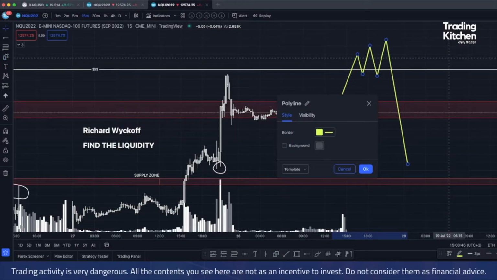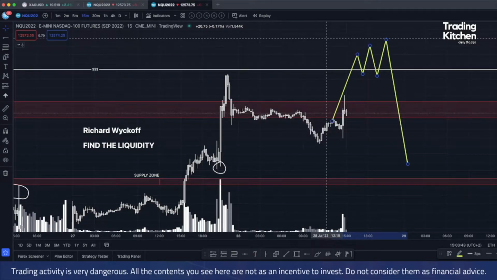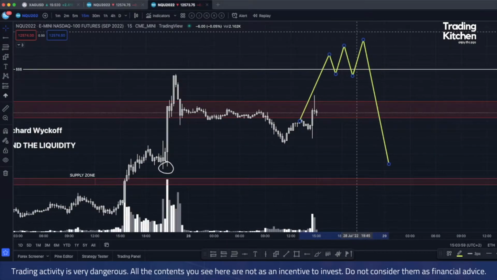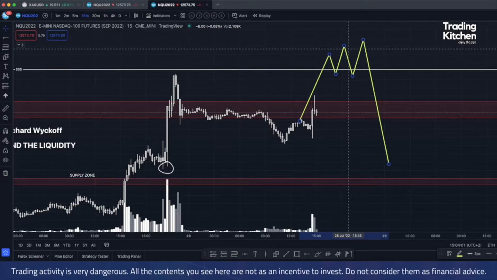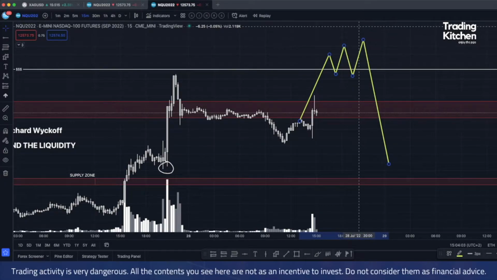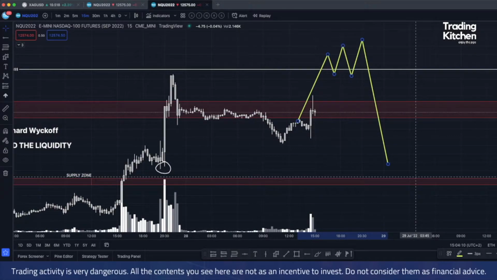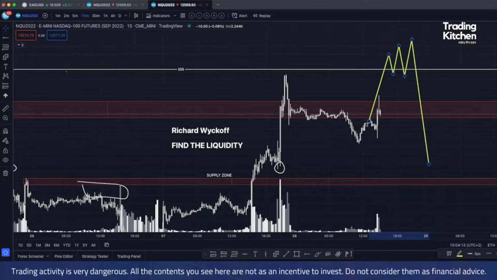Okay, why? Because there is liquidity, so there are probably unmitigated orders. We don't know, obviously, if there will be a reaction that brings price to break all the structure and go down, but you can be pretty sure that some reaction will happen.